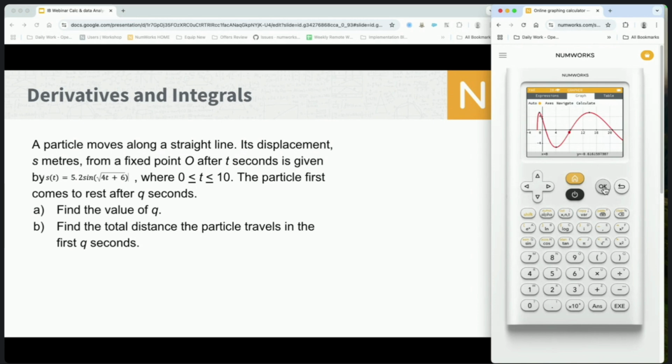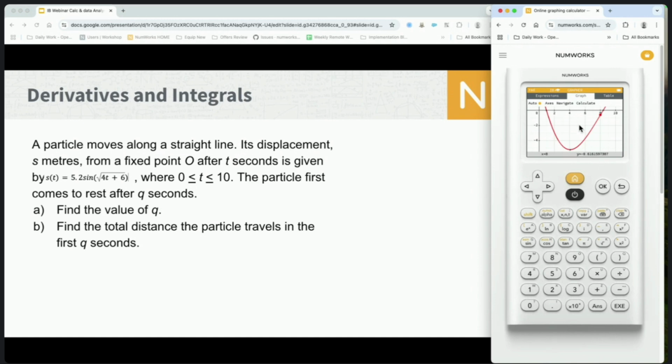Yep, got it. So since I have this function selected, I can just press OK, and it takes me to this calculate menu, and I have an option to restrict that domain. So here, if I wanted to restrict it from 0 to 10, as they recommended, and confirm.